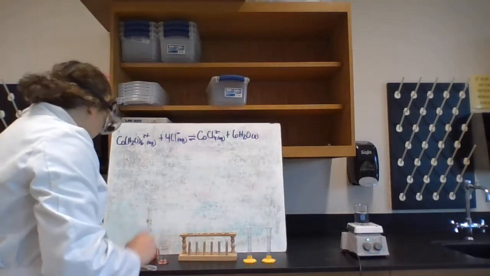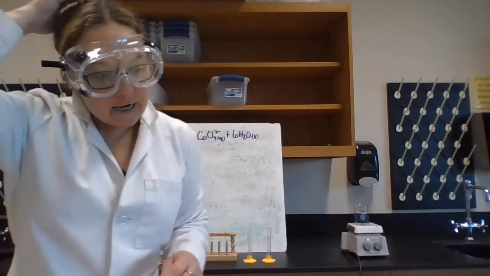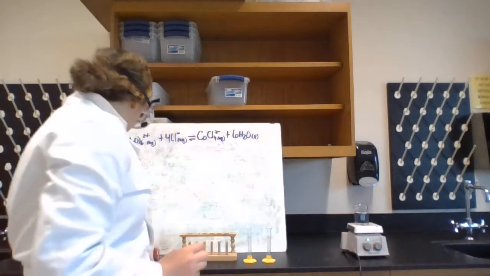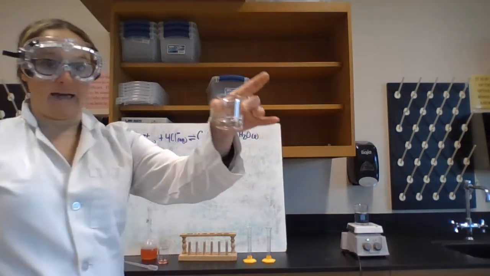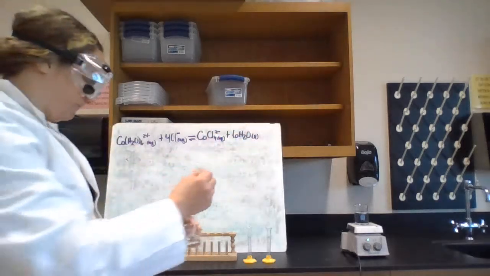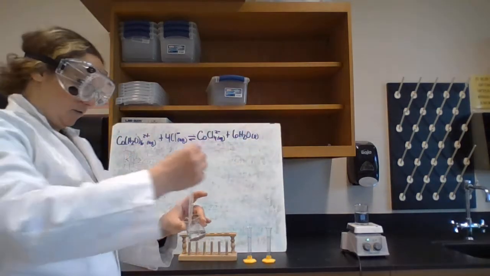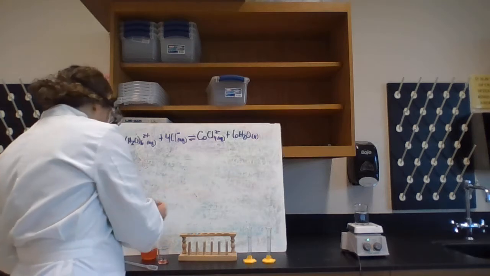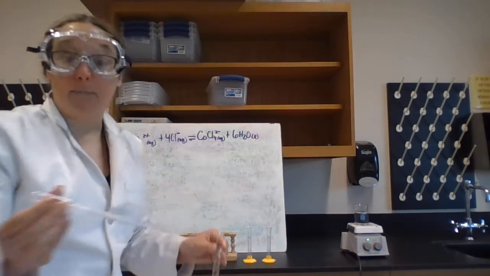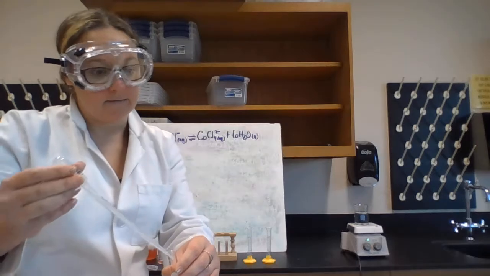Okay. Now, our next step is going to be, we need to add hydrochloric acid. And now this is very concentrated hydrochloric acid. Okay, so we're going to add, and this is hydrochloric acid. And so, let's see what happens when we add hydrochloric acid.